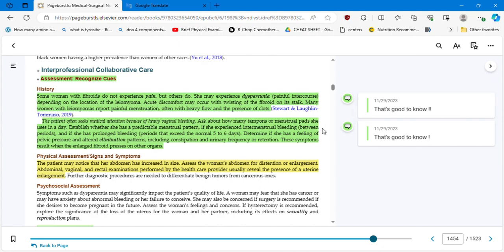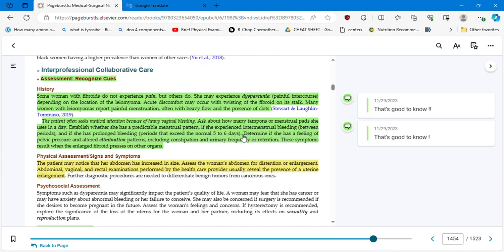The patient often seeks medical attention because of heavy vaginal bleeding. Ask about how many tampons or menstrual pads she uses in a day. Establish whether she has a predictable menstrual pattern, if she experiences intermenstrual bleeding between periods, and if she has prolonged bleeding, periods that exceed the normal 5 to 6 days.